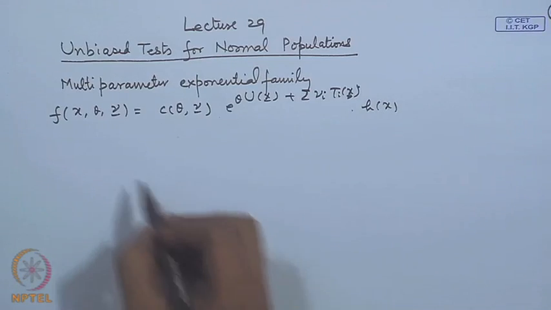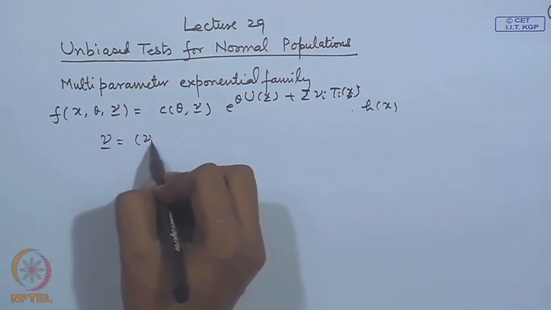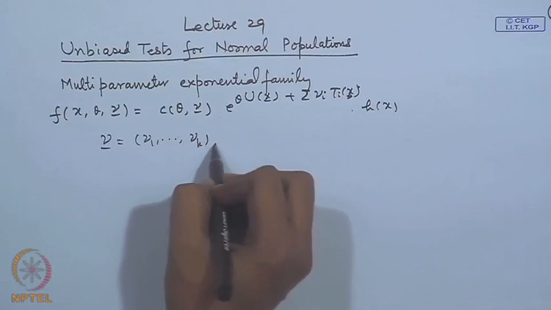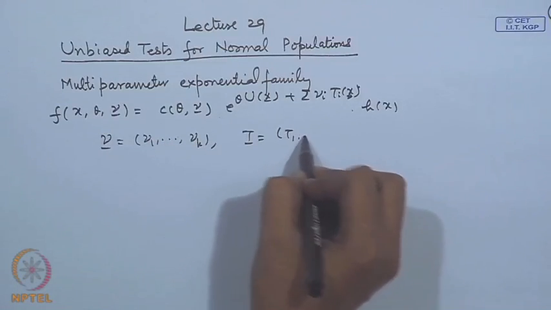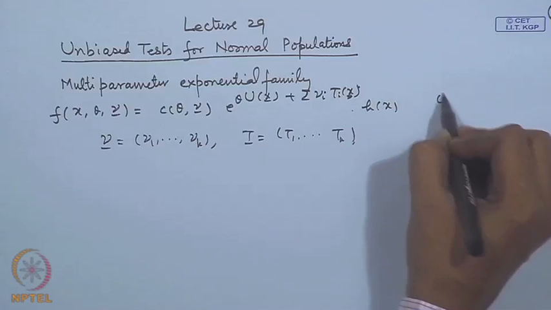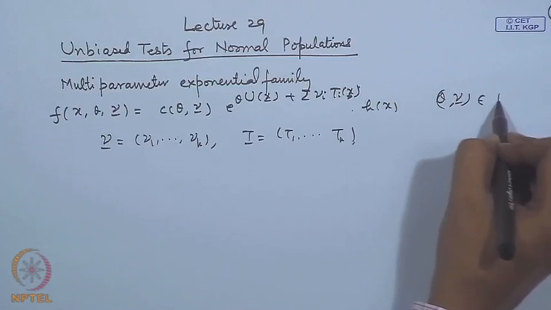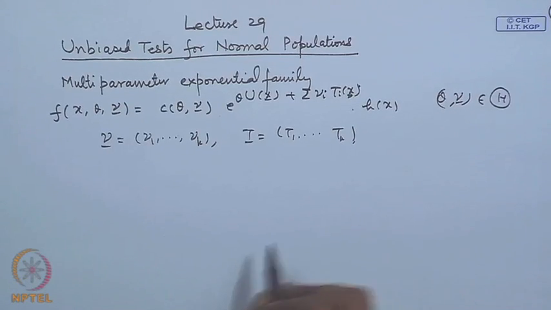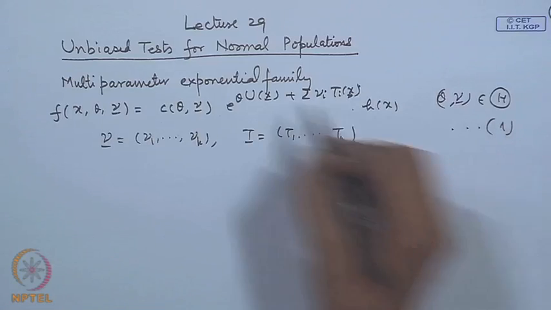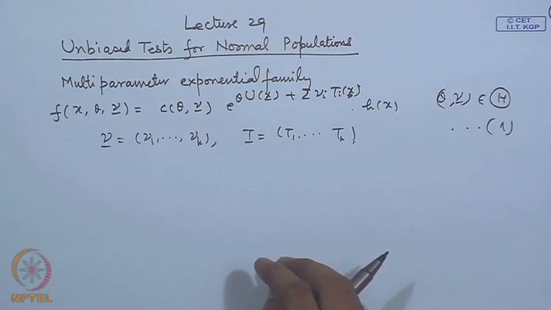Here nu is equal to (nu_1, nu_2, ..., nu_k), and t is equal to (t_1, t_2, ..., t_k), and this (theta, nu) belongs to a certain parameter space, say script theta. I call this density 1.